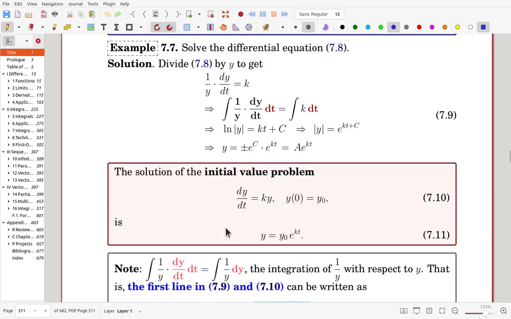Okay, and if we have an initial value, when t equals 0, the value is y0, then y0 at 0 is the same as a times e to the kt, which is e to the 0, so that is a. But a we already know from the data is y0, so a will be replaced by y0. So we have this solution. That is the solution of this initial value problem.